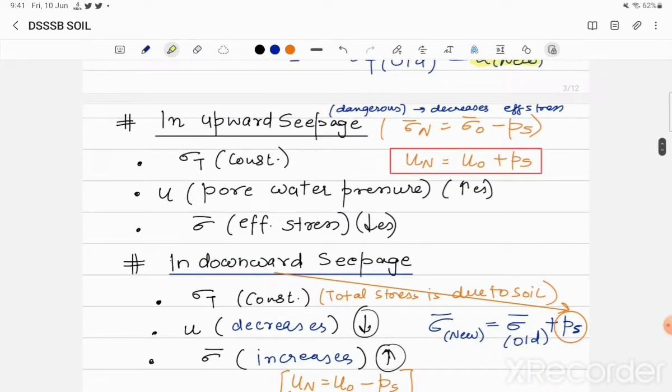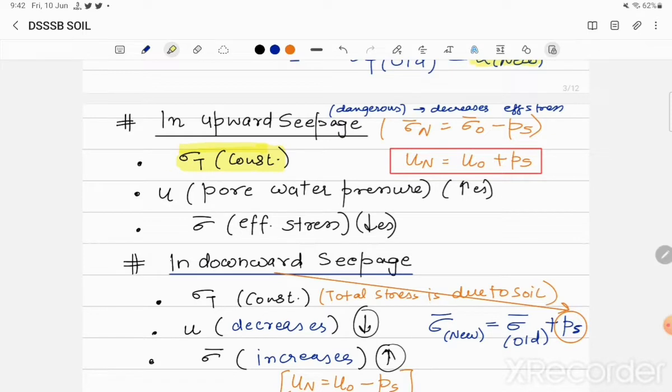This is dangerous in real life as well, as a decrease in effective stress will cause settlement in the soil, and if a structure is over that soil, it can lead to some damage. So here are the key points in upward seepage: the total stress remains constant, because total stress is simply dependent upon the weight of soil solids. That won't change in the presence or absence of seepage. Hence sigma T remains constant in upward seepage.